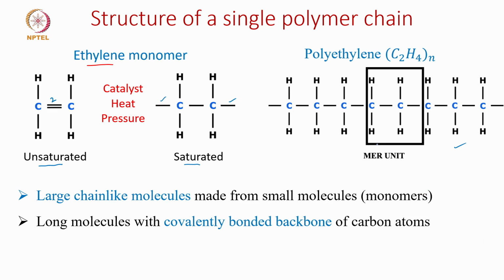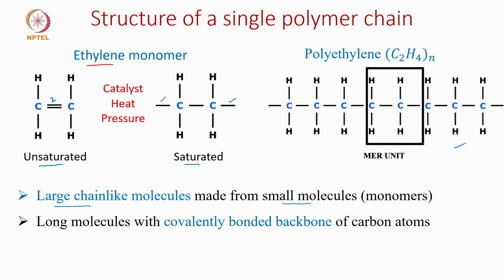Here we have seen a single mer unit, which is a single molecule of ethylene, but because they are now saturated, meaning they have two active bonds, they join together with other mer units and form a long polymer chain. So, polymers are large chain-like molecules made from small molecules called monomers.